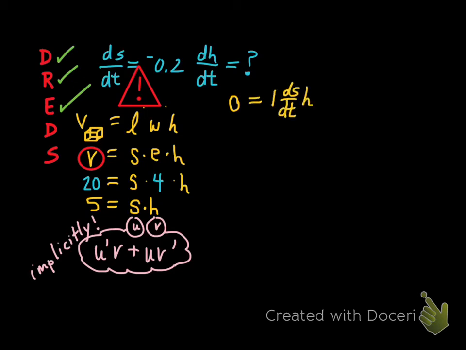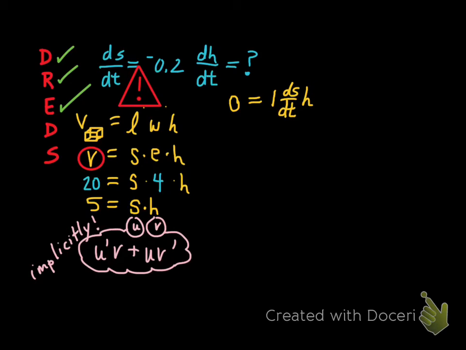Equals, when you take the derivative of u, you get 1 times ds dt. This is implicit differentiation, which you learned a couple days ago. Times leave v alone, so that's why we have the h there. This is part of the product rule. You leave the term v alone.